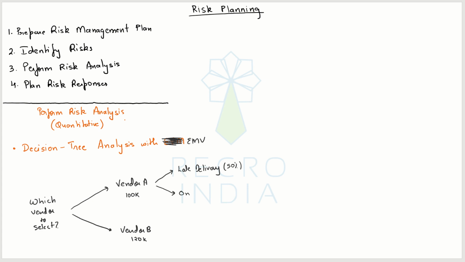And of course, the second outcome is that they deliver on time, which again has a possibility of 50%. However, the scenario changes with vendor B. Late delivery chances are very less, let's say just 10%. On-time delivery, very high, probability of 90%.